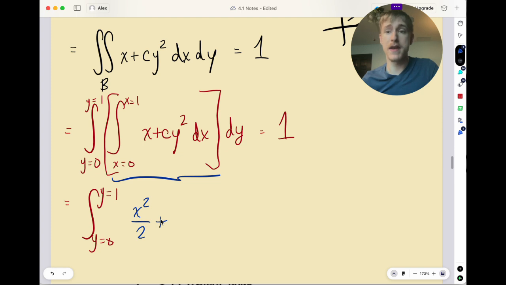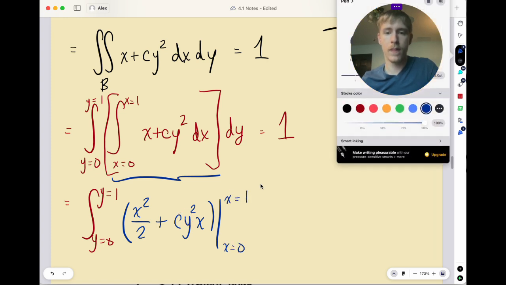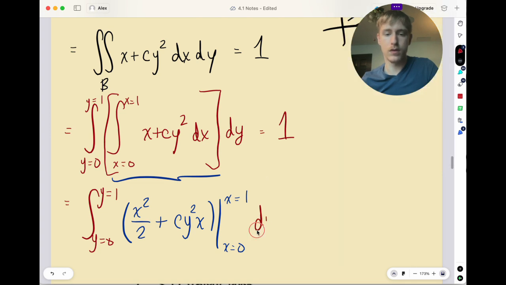And then this is just going to pick up a constant x, right? Because this whole thing is a constant. So with respect to x, when we integrate that, that's going to be cy squared times x. And this is going to be evaluated from x equals 0 to x equals 1. Okay, and integrating that with respect to y is going to equal 1.